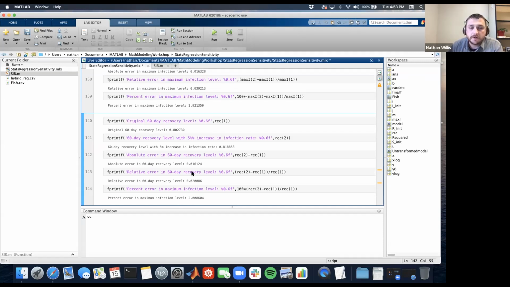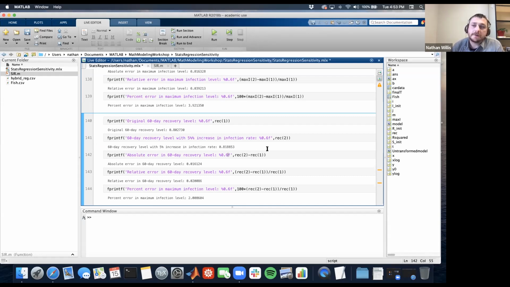The difference there is 0.016. We scale that again by this first value and we get 0.02. So that says that the 60-day recovery, that should be 60-day recovery, not maximum infection level, is 2%. So if you increase your infection rate by 5%, your 60-day recovery increases by 2%.